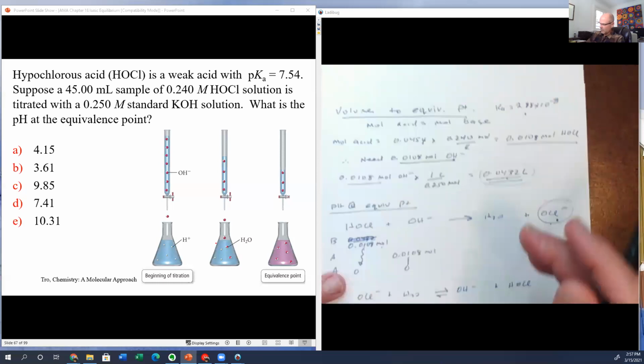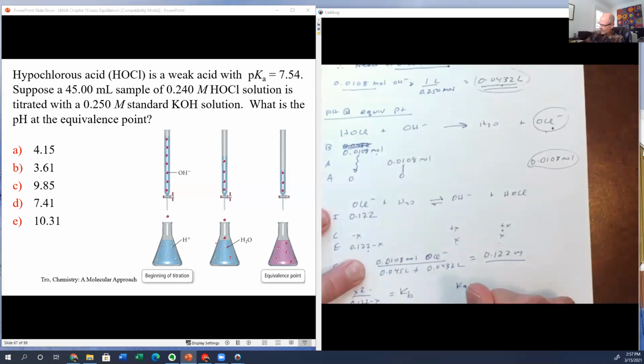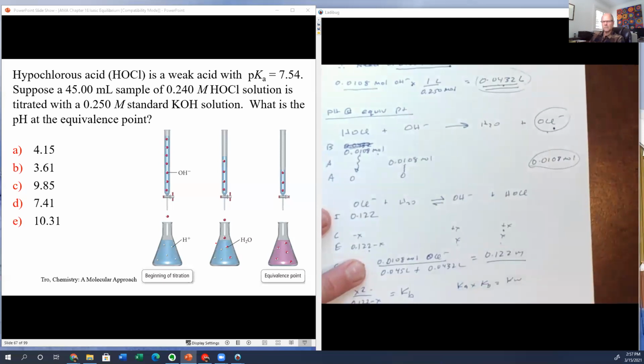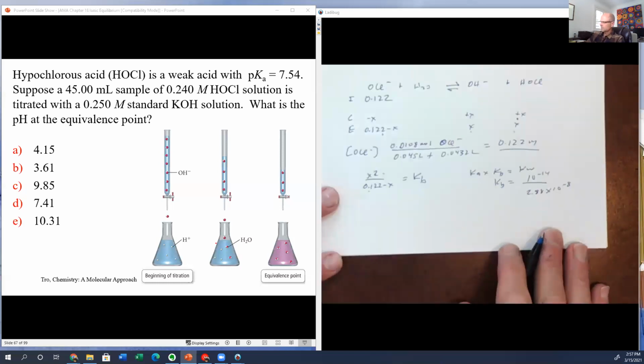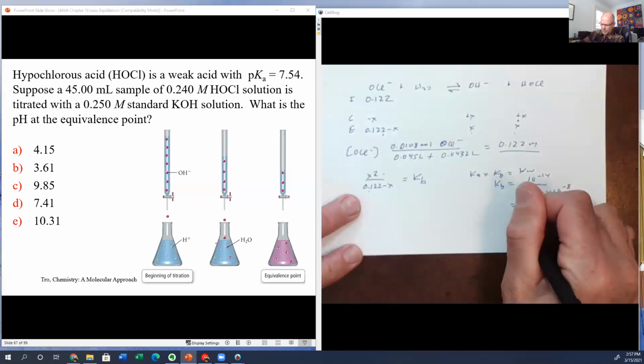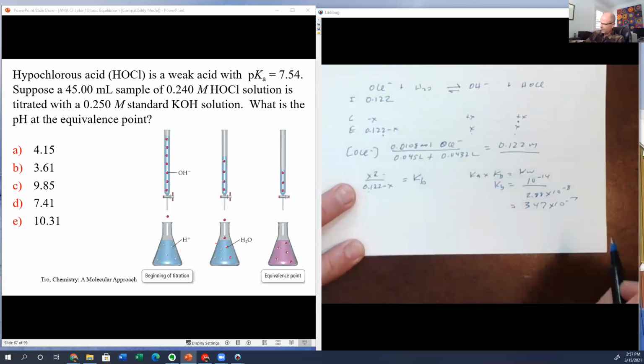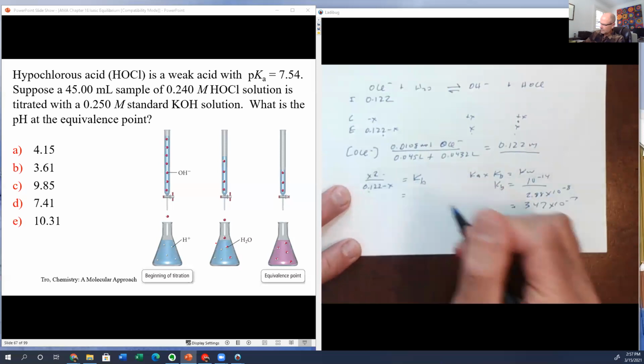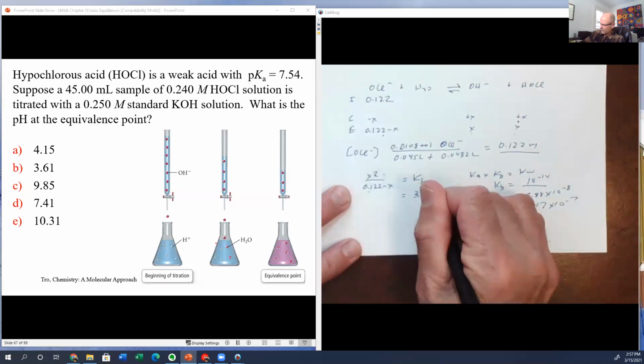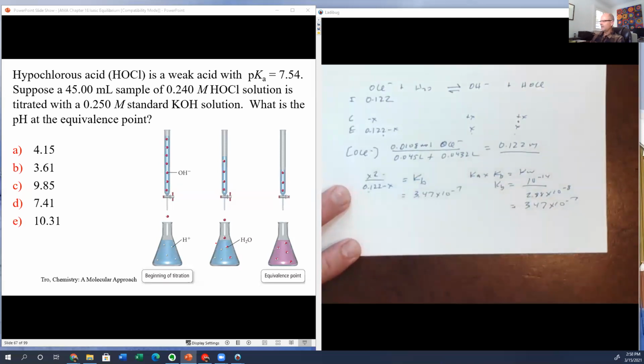So remember, Ka times Kb equals Kw, right? So Kb is equal to Kw divided by Ka. Right, so Kb turns out to be equal to 3.47 times 10 to the minus 7.